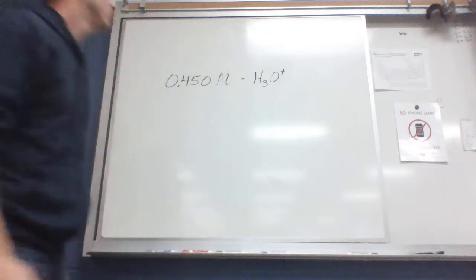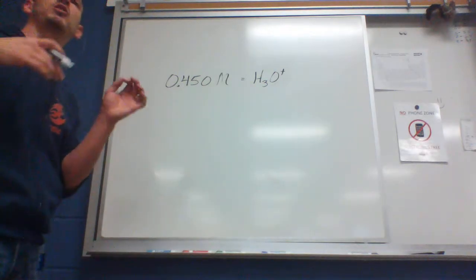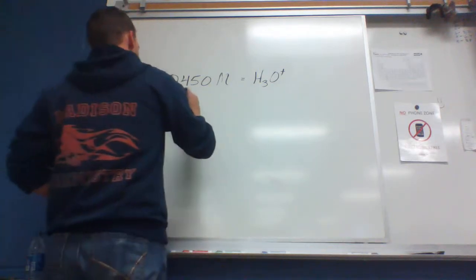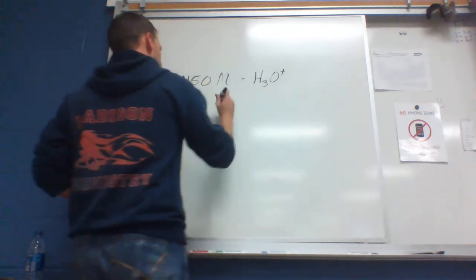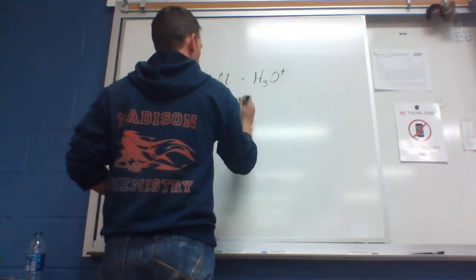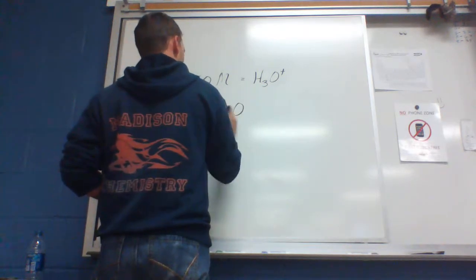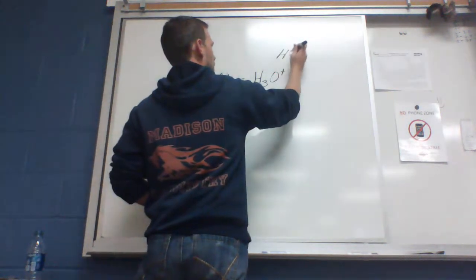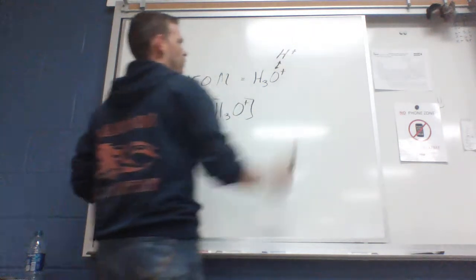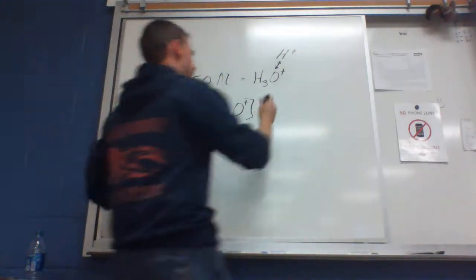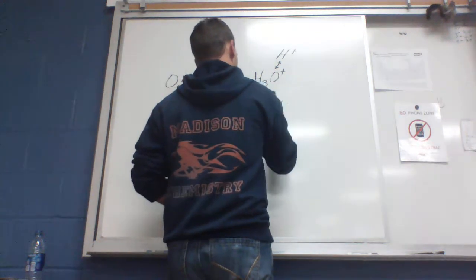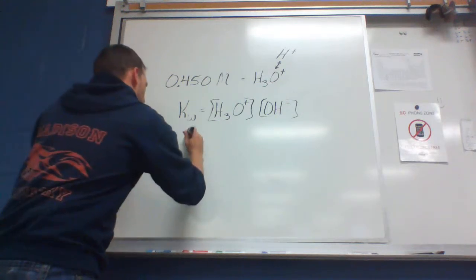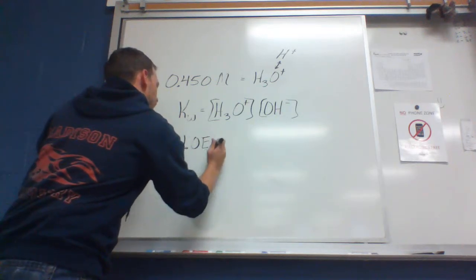So if that's true, I taught you a special trick that connects H3O to OH, and it was KW equals hydronium, or just the hydrogen. Again, H3O plus and H plus are going to be one and the same for us, times the hydroxide. What we know is that KW is equal to 1.0 E negative 14.